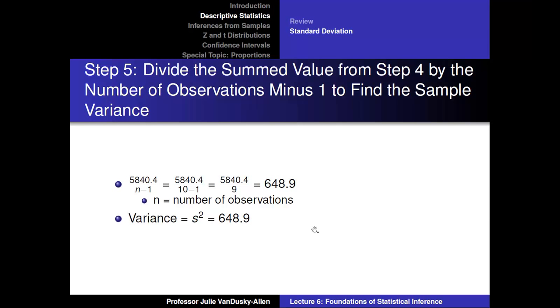Note that all we are doing here is calculating the average deviation from the mean. We added all the deviations together and divided by the total number of observations minus 1, which is almost like calculating an average.